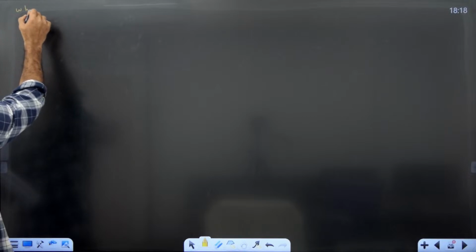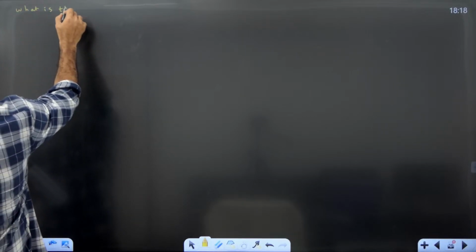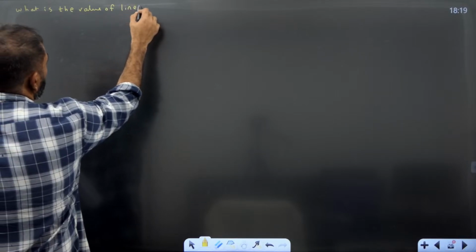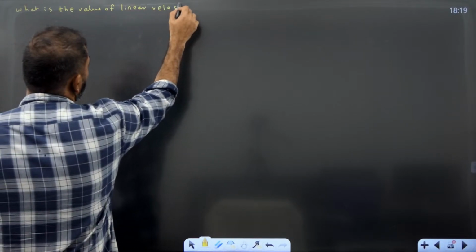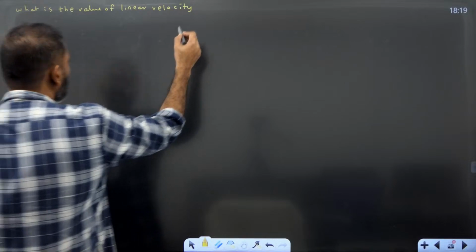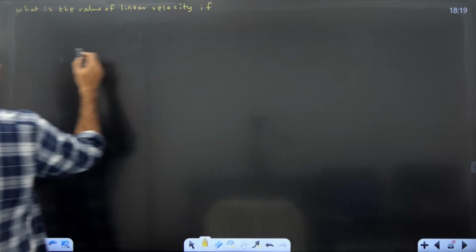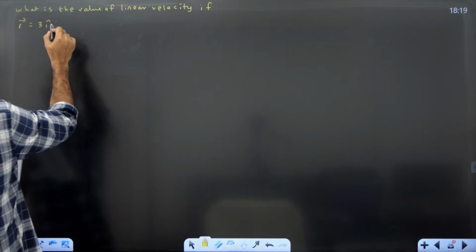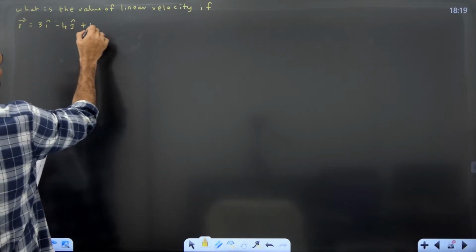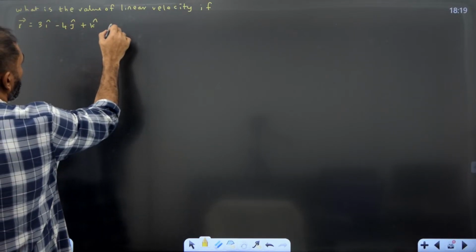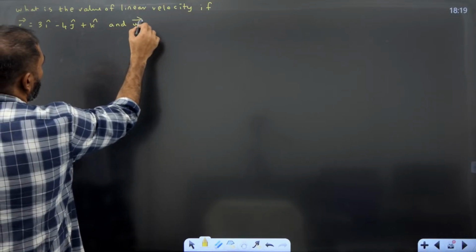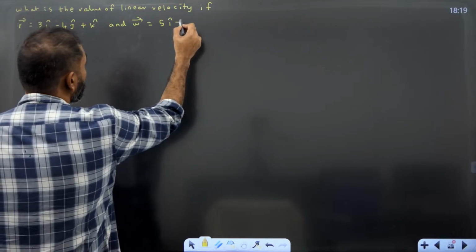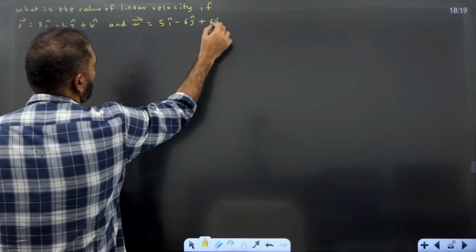Next question. What is the value of linear velocity if r vector is equal to 3 i cap minus 4 j cap plus k cap and omega vector is equal to 5 i cap minus 6 j cap plus 6 k cap?